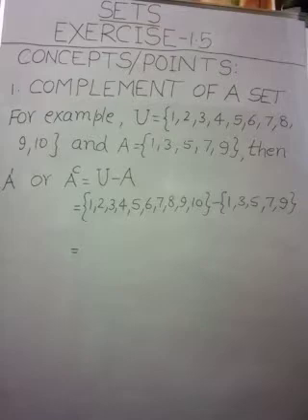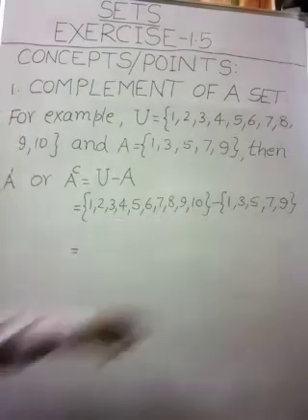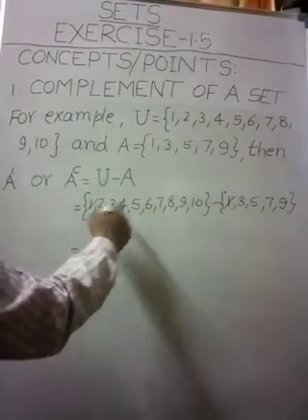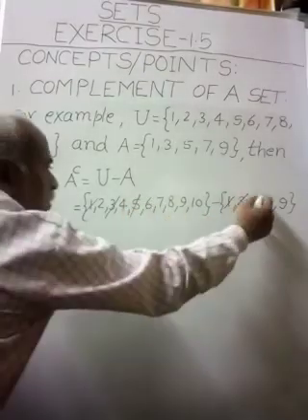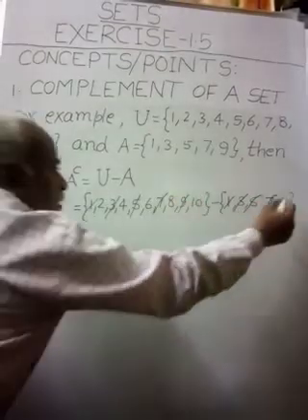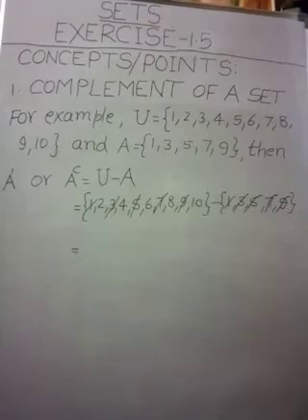So first of all, we have to identify which elements are common to both sets. Here 1 is a common element, so strike out 1. And here 3 is also a common element. Here 5 is a common element, and 7 and 9 are common elements. So we have to strike out the common elements in both sets.